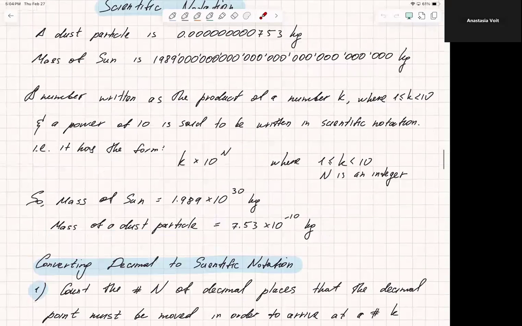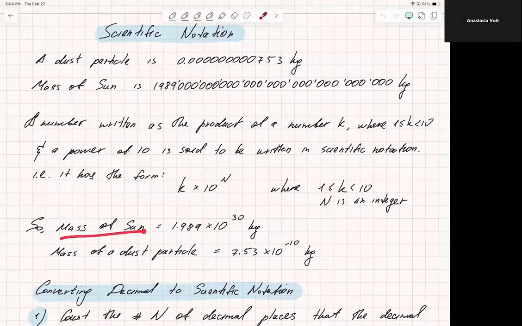Okay, so the mass of the sun can be conveniently written as 1.989 times 10 to the 30th power kilograms. So as you can see, we have that many zeros there, including these three digits as well. And for the mass of a dust particle, we have 7.53 times 10 to the negative 10 kilograms.